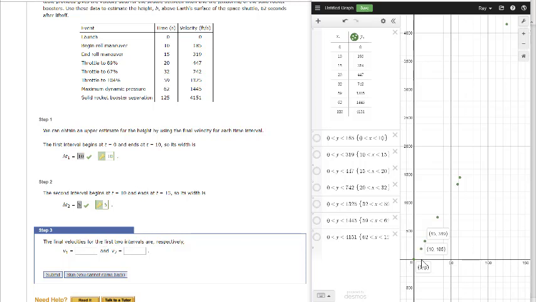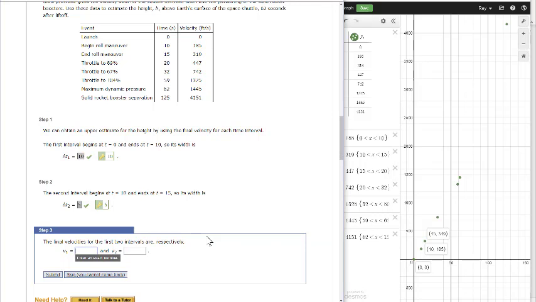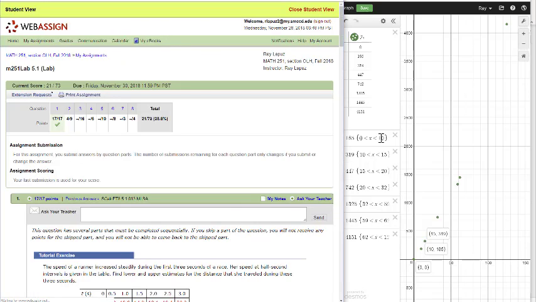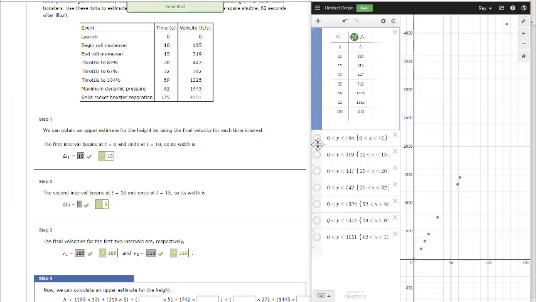In the first interval, the final velocity is 185. In the second interval, the final velocity is 319. So let's get 185 and 319 here. And if we want to see that in the graph, this is how the graph would look.